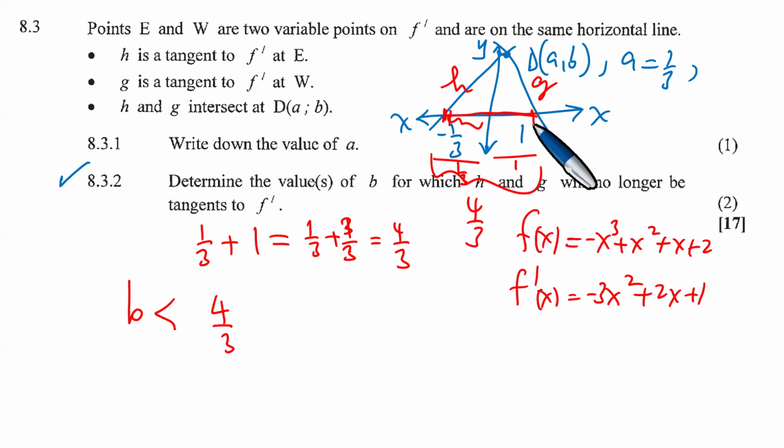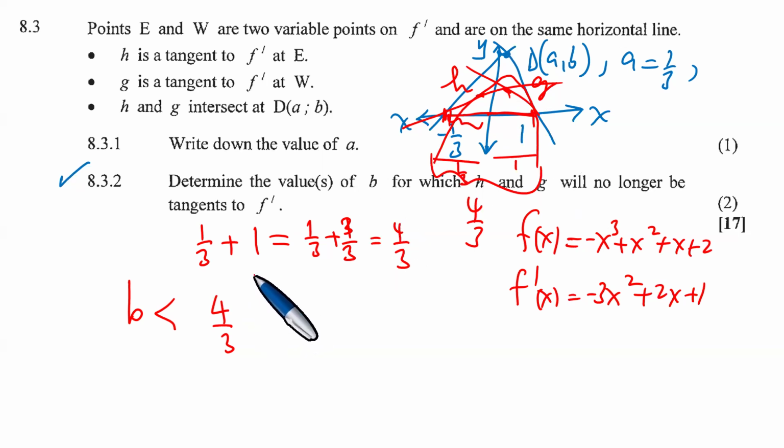And these tangents, we expect them to form a triangle. So if we make this B much smaller than 4/3, it is expected that they will cut much shorter. We're shortening the height by reducing the height. Therefore, it will cut such that these are no longer tangents.